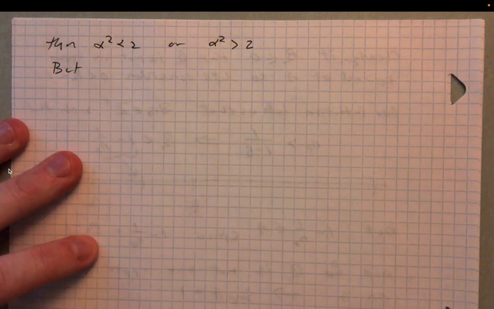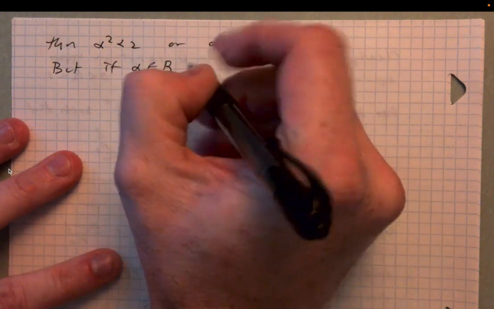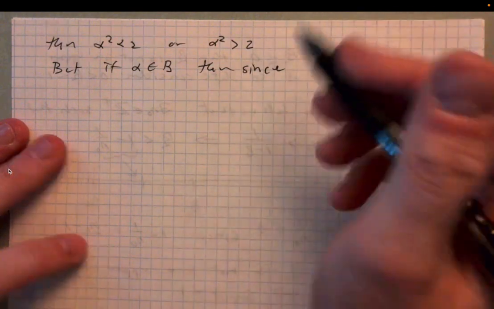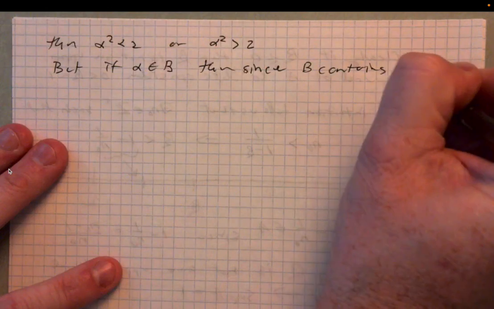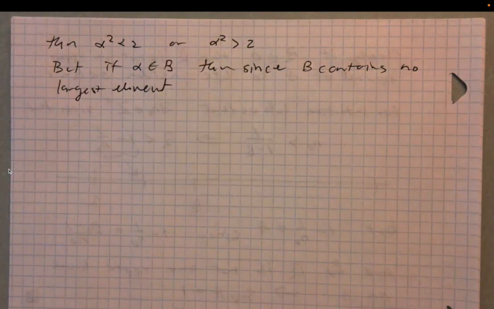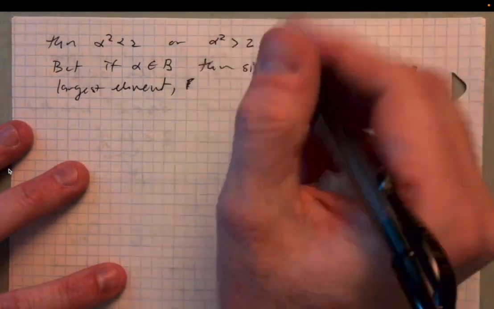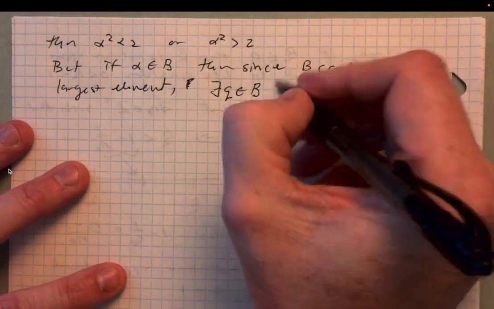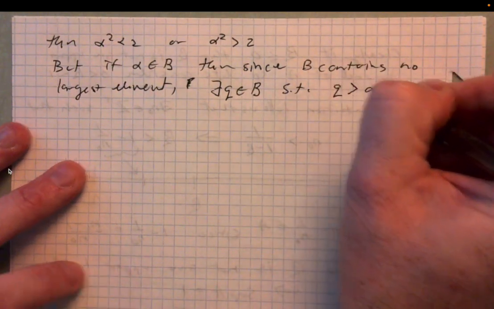Alpha squared is less than 2 or alpha squared is greater than 2, but if alpha is in B, then since B contains no largest element, remember that, there exists a q in B such that q is greater than alpha.